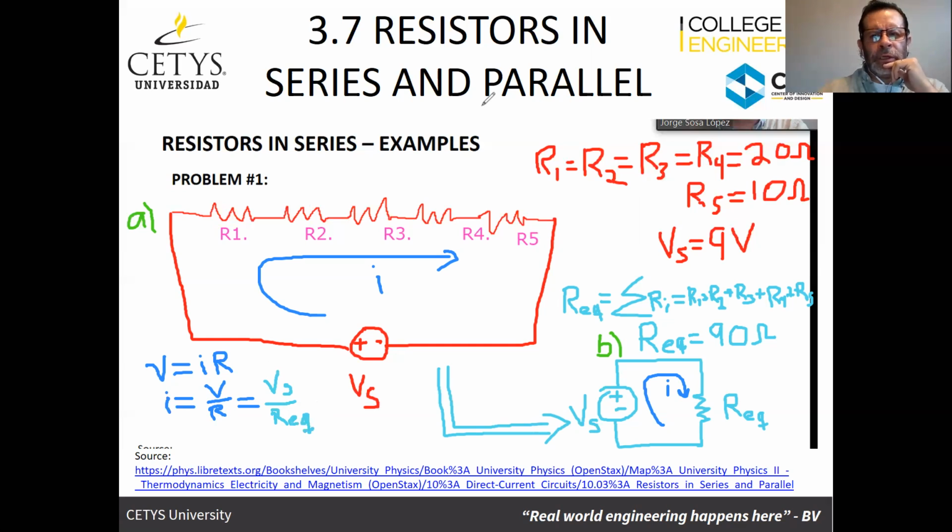So the total current for the circuit is going to be equal to the voltage source, which in this case is 9 volts, divided by the equivalent resistance, which we had found is 90 ohms.